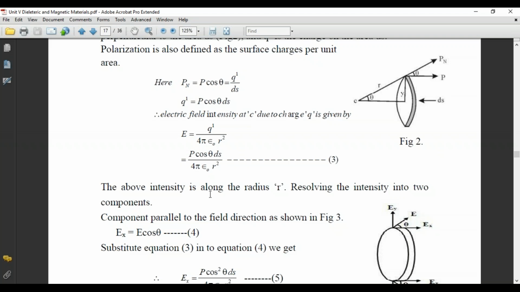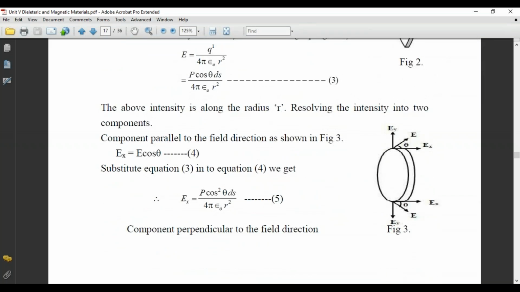The above intensity is along the radius r. The intensity is going to resolve into two components, one parallel and one perpendicular to the field. Here E is the parallel component and Y is the perpendicular component.